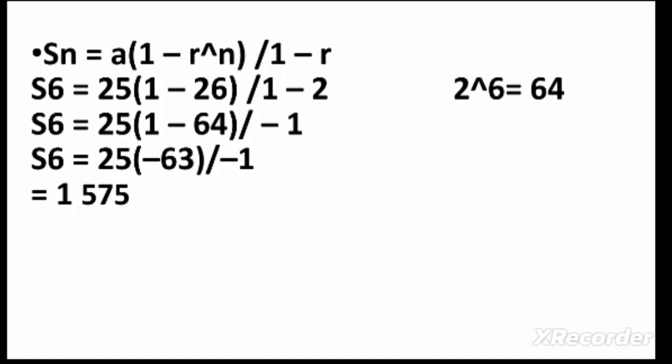And then 2 exponent 6 on the side, that is 64. Sorry, I forgot to put the exponent there. It's not 26, but it's 2 exponent 6. And then S6 is equal to 25 in brackets 1 minus 64.